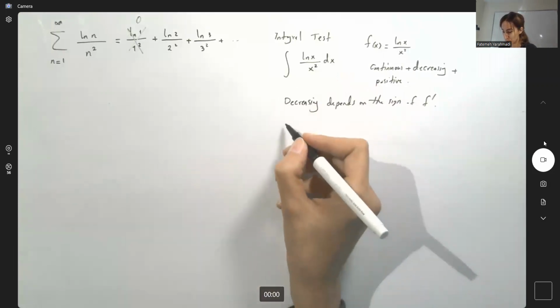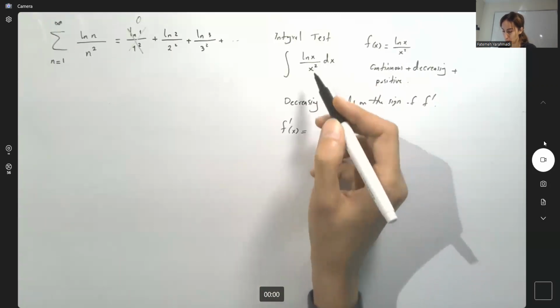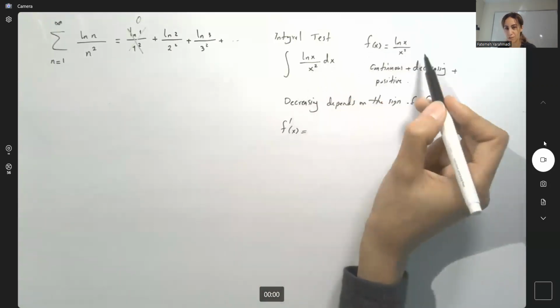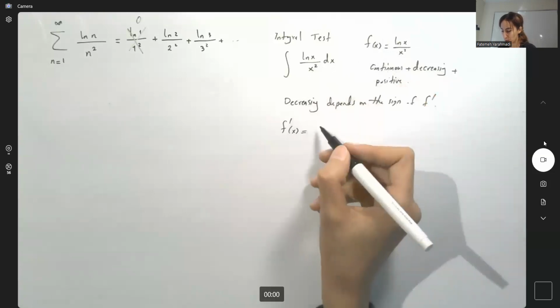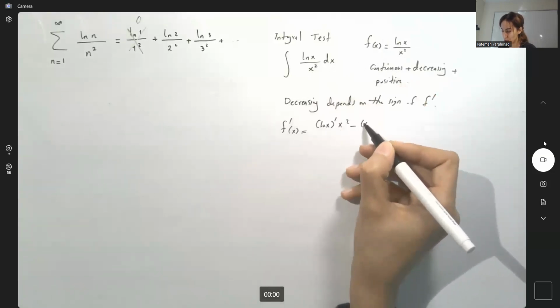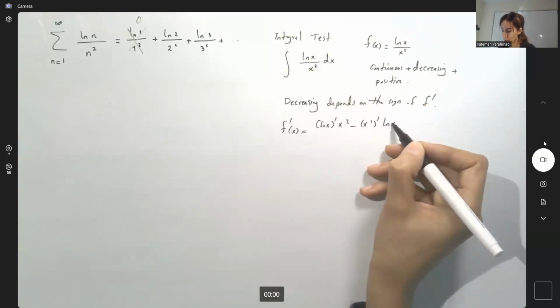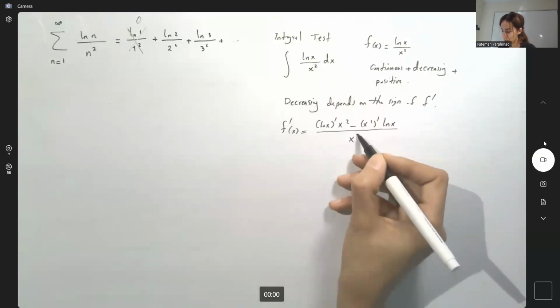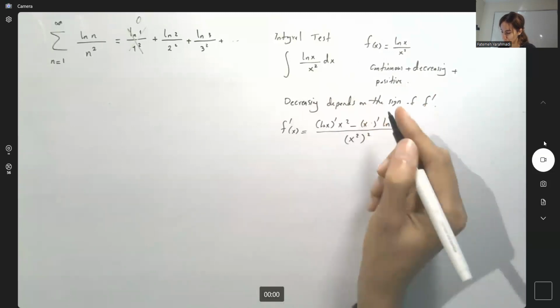So let's take the derivative. F prime of x is equal to, here you have a rational function, so the derivative of ln of x times x squared minus the derivative of x squared times ln of x, divided by x squared to the second power, right?